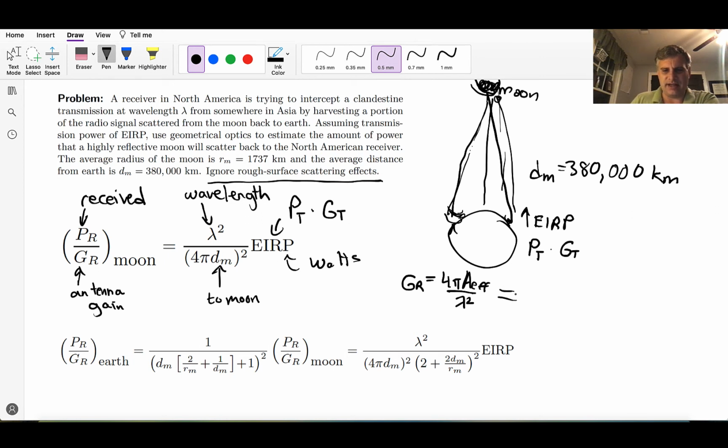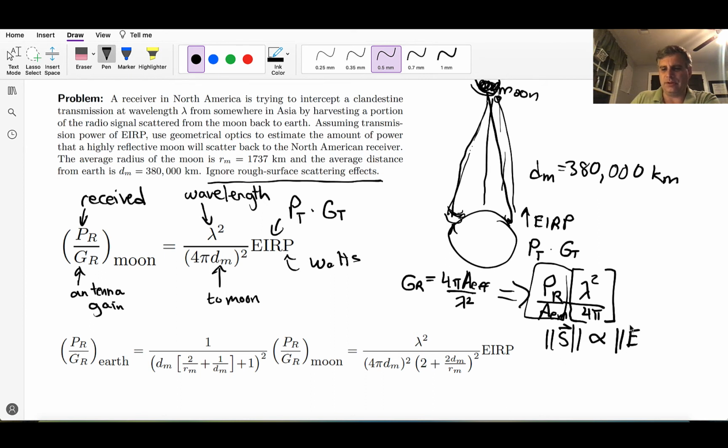So if I divide that into P sub r, what I basically get is a constant of proportionality, lambda squared over 4 pi, times what basically is the magnitude of the Poynting vector. So this is basically going to be proportional to E field or H field squared, which is why we like to work things in this particular form of the link budget.